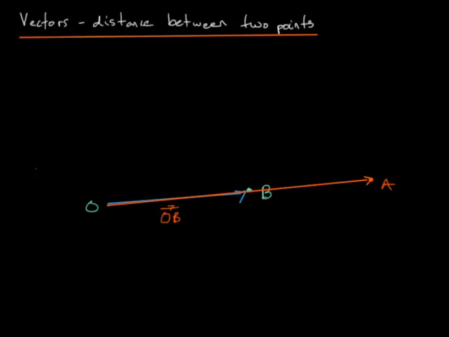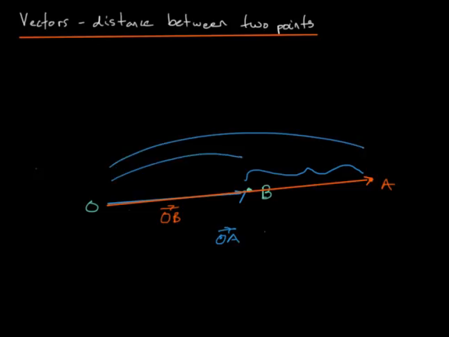And so if you ask me for the distance between B and A, those two vectors, well, it would make sense that if I have vector OB and vector OA, and I wanted to find this distance here from B to A, the distance would be to take this whole journey and subtract this guy, and that's going to give you the remaining part, so that guy.